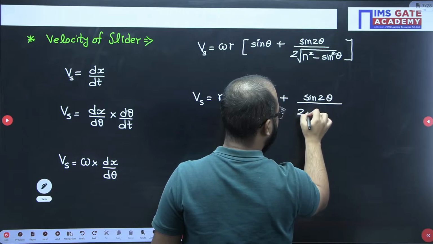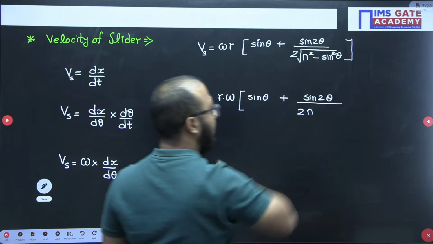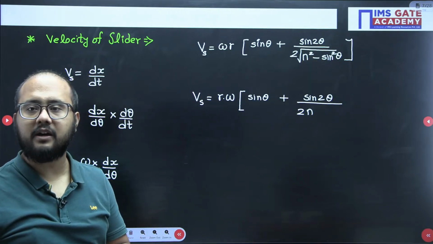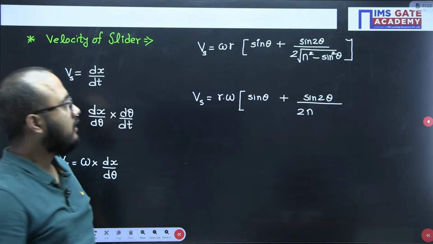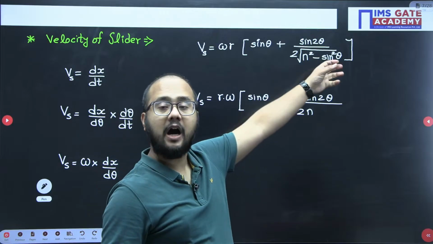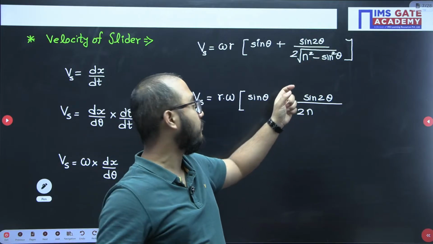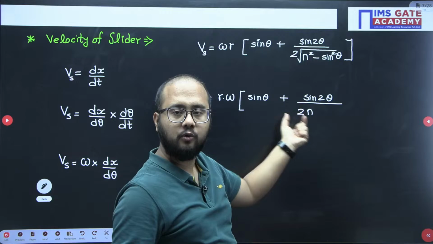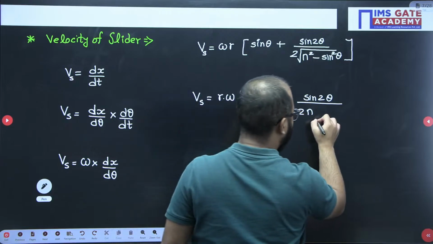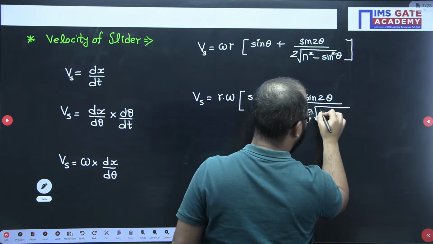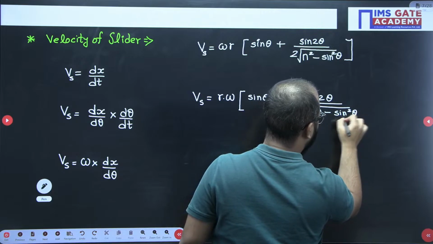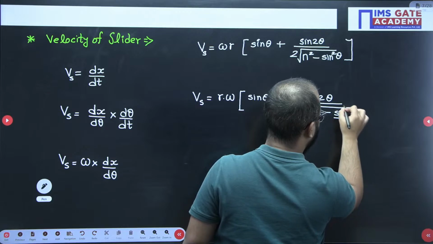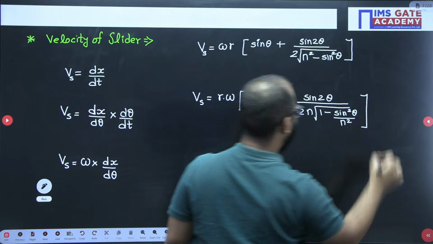I take n square outside of the square root, so obviously n will come out. Hi Shubham Kumar. So if I take n square outside of the square root, understand this point, what will be there: 2 into n, and in the square root, 1 minus sin square theta divided by n square. So this relation will be there.